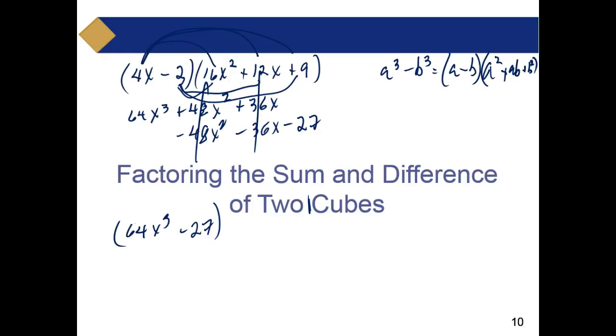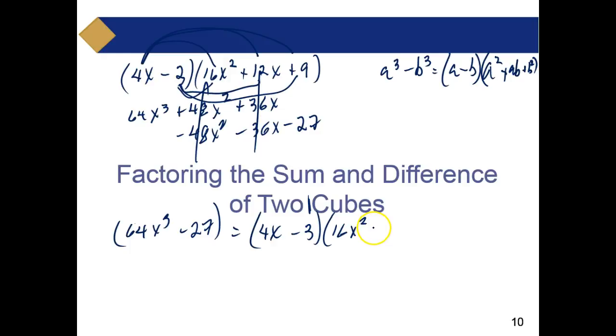So you tell me what this one would be without looking at the top of the page. You're looking. Okay. Set 4x minus 3 times. A little louder. 4x squared is 16x squared.